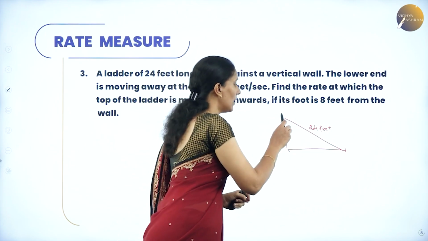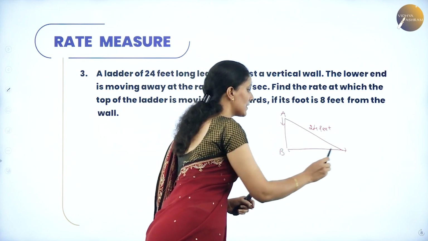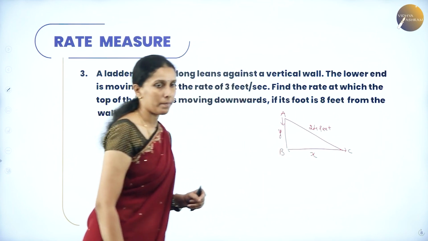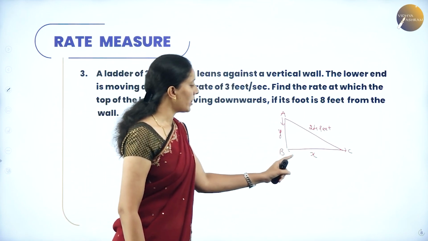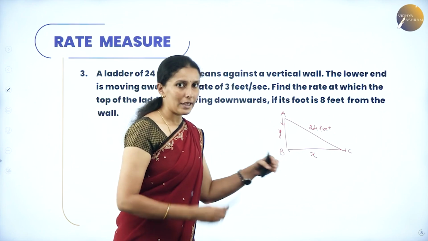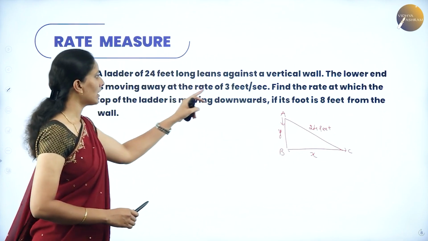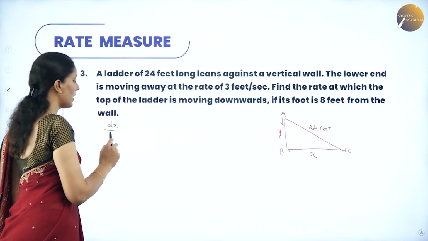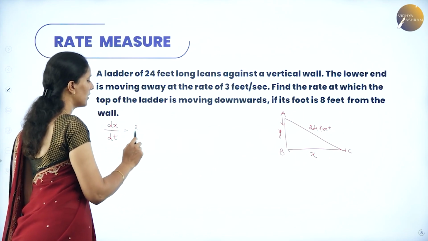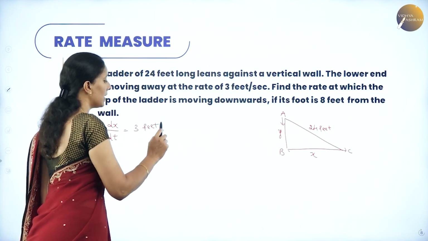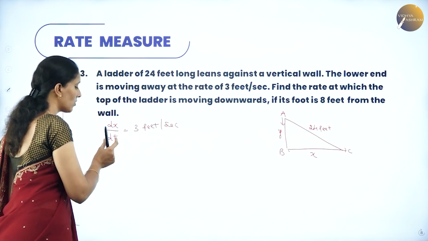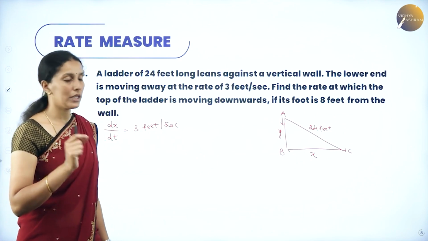the height decreases. So therefore, let me take this as A, B, C, and this distance as x and this distance as y. Here, the rate of change of the foot of the ladder which is moving away is given, that is 3 feet per second. So they have given dx by dt, which is 3 feet per second. Remember, here also it is given in terms of seconds, so therefore we are differentiating with respect to t only.